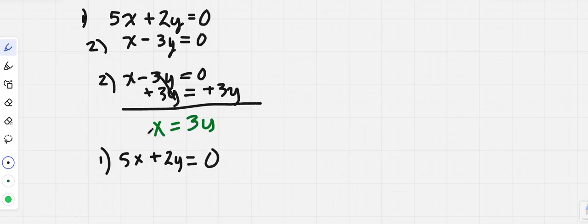And instead of x, we're going to put the expression 3y. So 5 times 3y plus 2y equals 0.